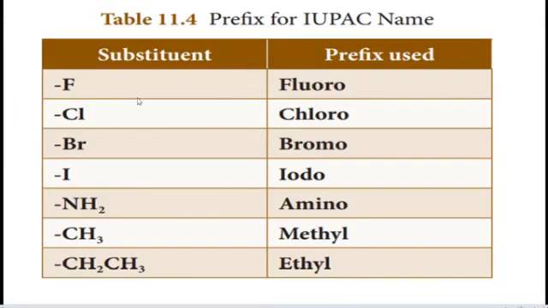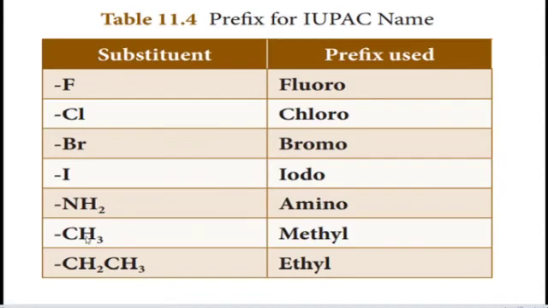Substituent F is denoted by fluoro, the prefix word fluoro. Cl, the substituent is Cl, chloro is the prefix word. Br is a substituent, bromo is the prefix word. I is the substituent, iodo is the prefix word. NH2 is a substituent, amino is the prefix word.